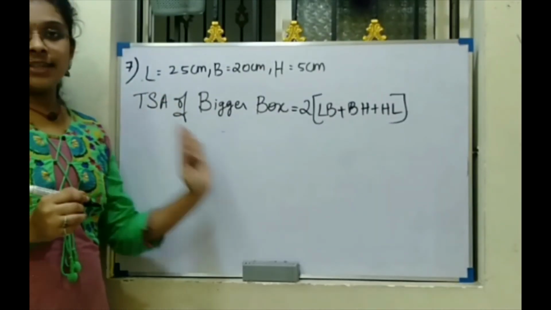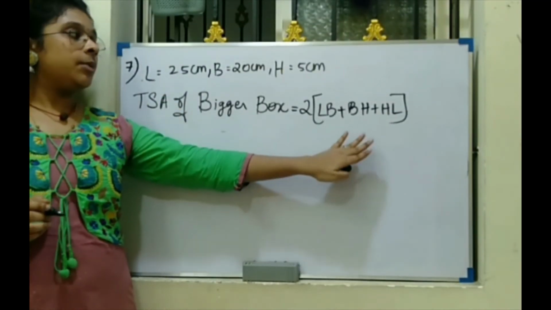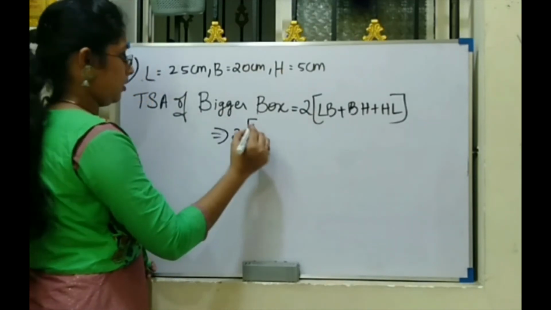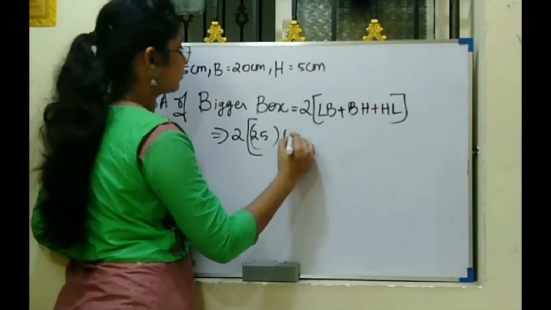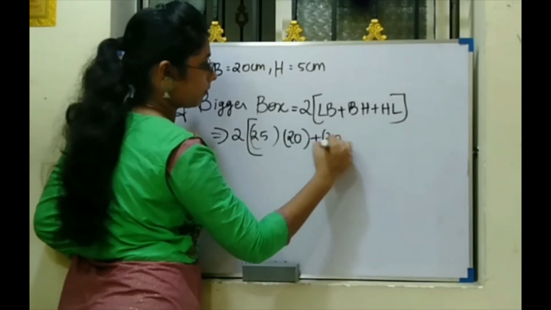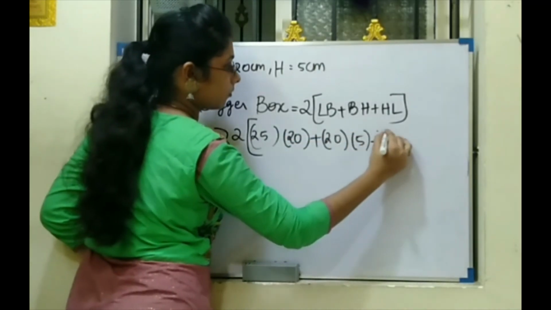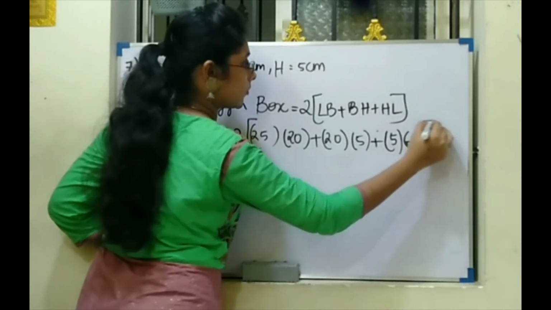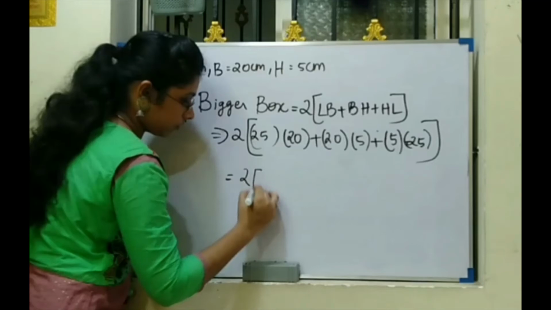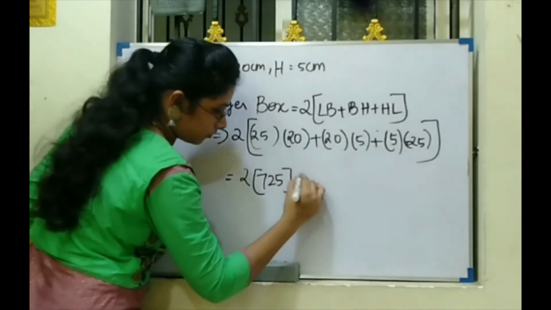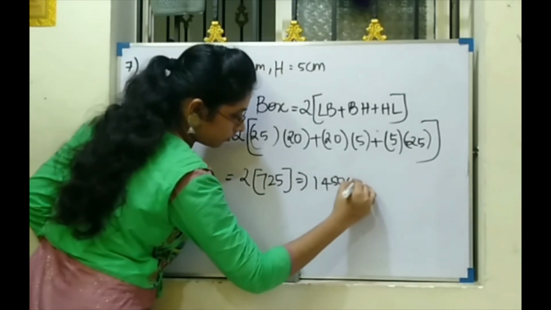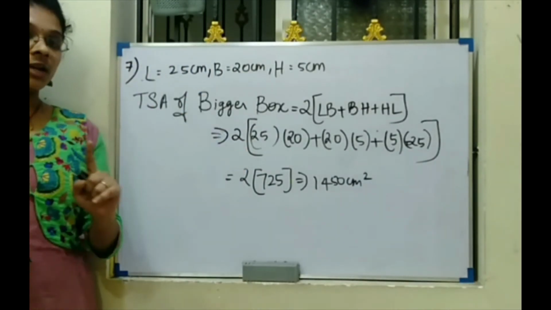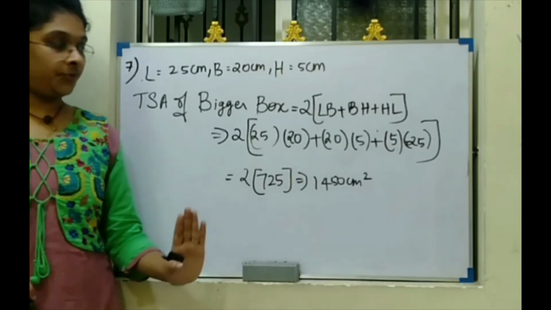Therefore, total surface area of the bigger box is equal to 2 into LB plus BH plus HL, which is equal to 2 into... Therefore, total surface area of one bigger box is equal to 1450 centimeter square.